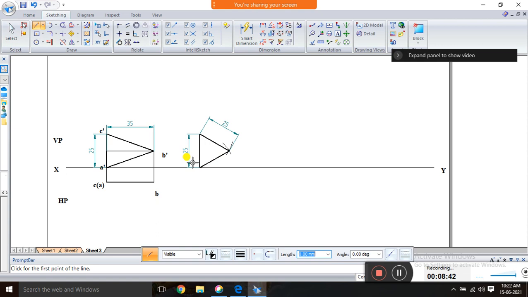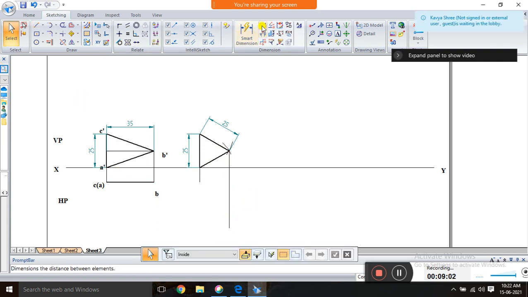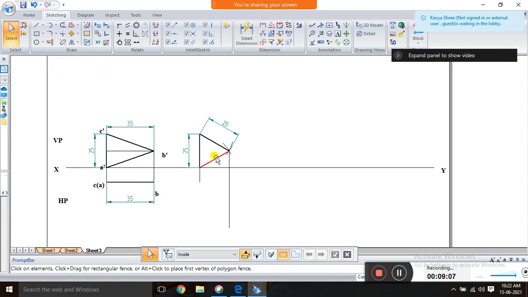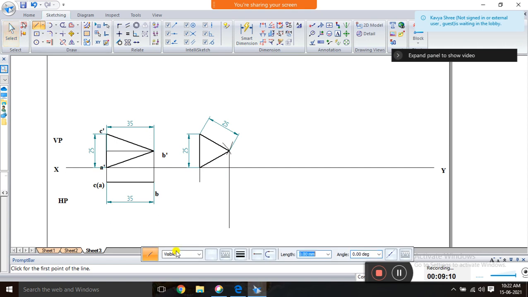So next what you have to do is you have to project. Okay, so take this distance, you have to project, and from that you are going to get the inclination. How? So 35 is there, so this is what is inclined. Always in the previous problem we incline this and we get this view.